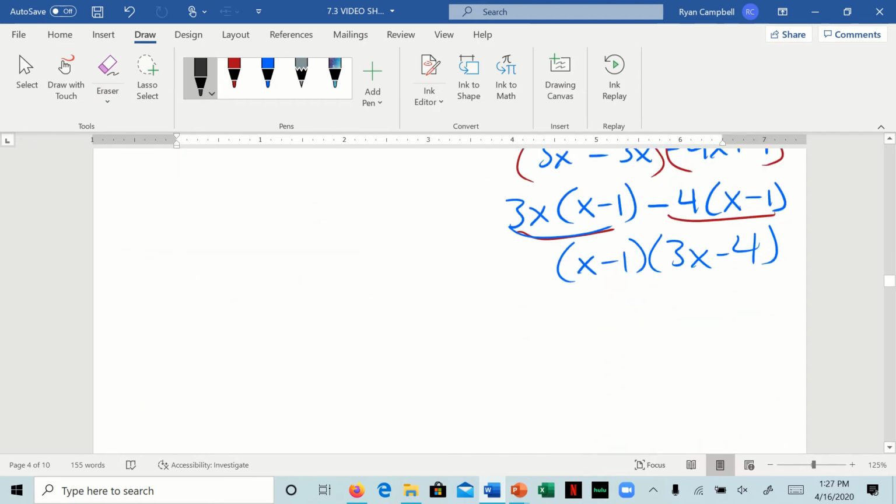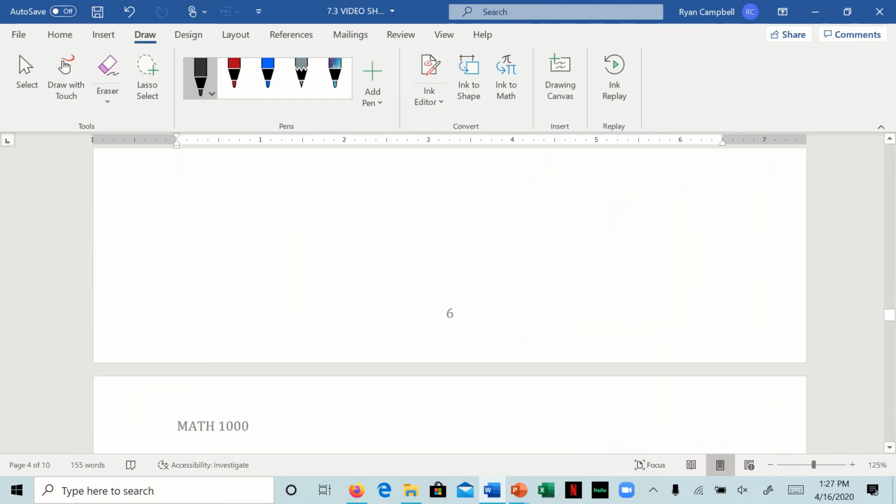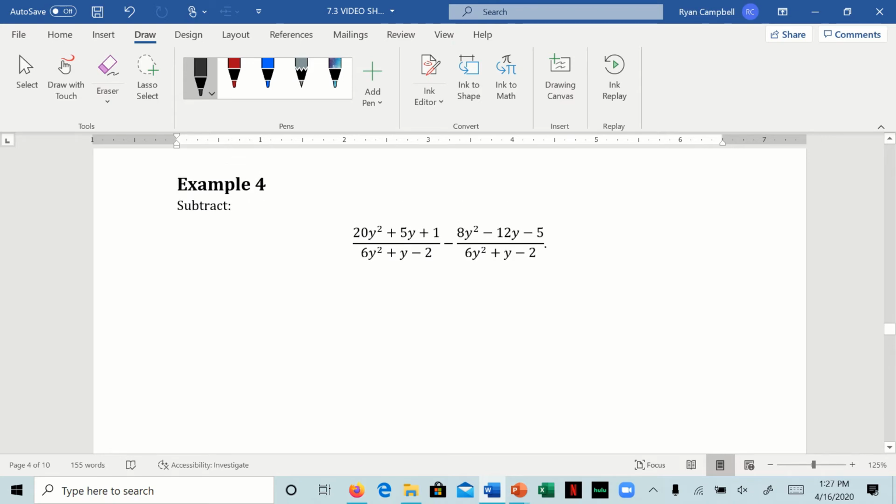Let's look at another one. Okay, so we have the same denominator, so we can just subtract the numerators. So we've got 20y squared plus 5y plus 1. Then we need to make sure to change the signs of the second one. So minus, plus, plus.